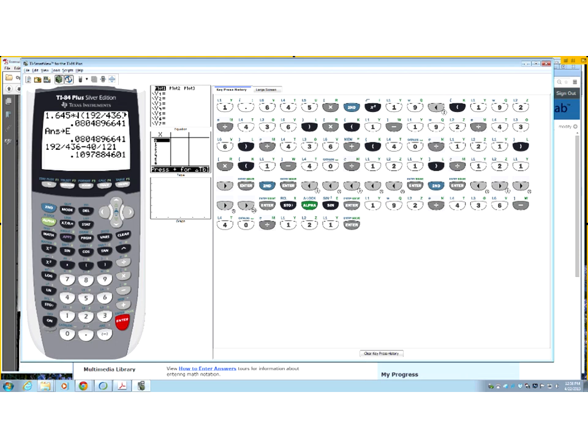So this right here, that's p hat 1 minus p hat 2. Since I had the calculator up, I just went ahead and I found the difference between the sample proportions. That's the difference between the sample proportions.